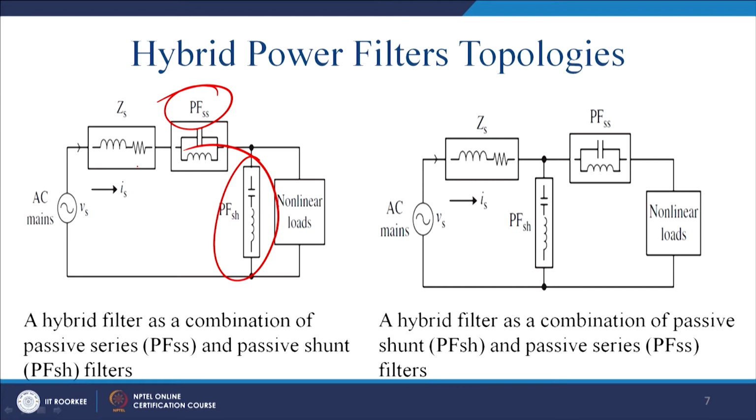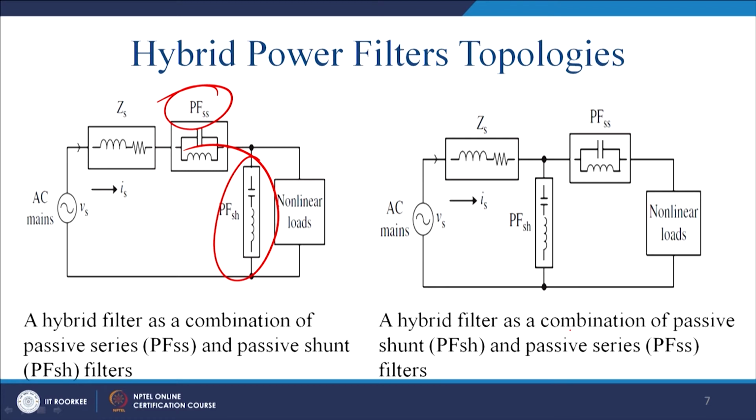This combination we also call a hybrid, but it is no longer a power filter though, this combination is called a passive filter. In the same way, this is the hybrid filter as a combination of the passive shunt and the passive series, then that is also possible.